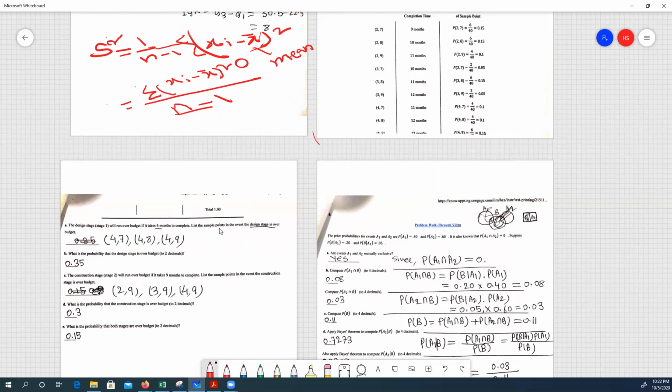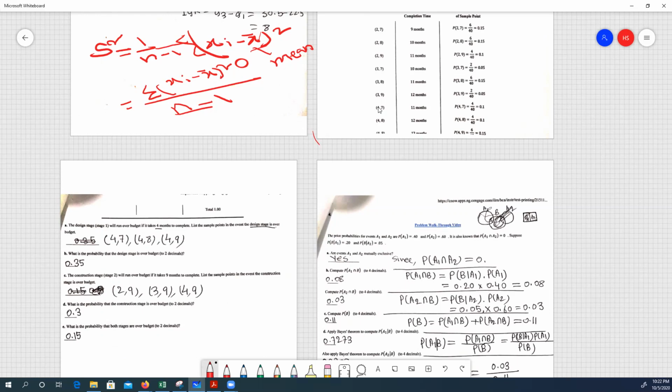So list the sample points in the event the design stage is over budget. We have to list the sample points for which the design stage is over budget. That's when the first number is 4. So you have to find the sample points for which the first number is 4.